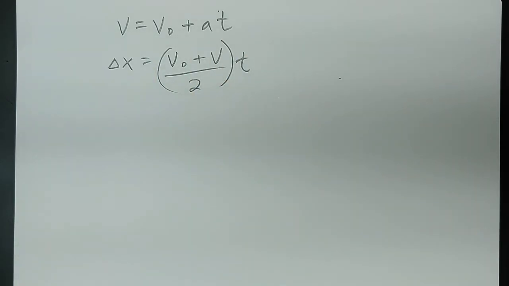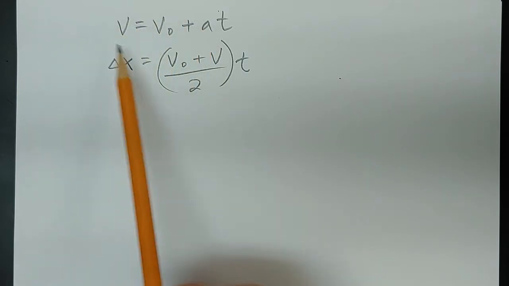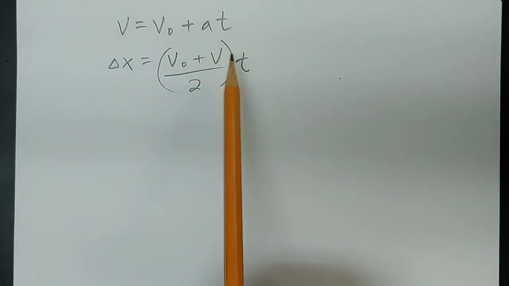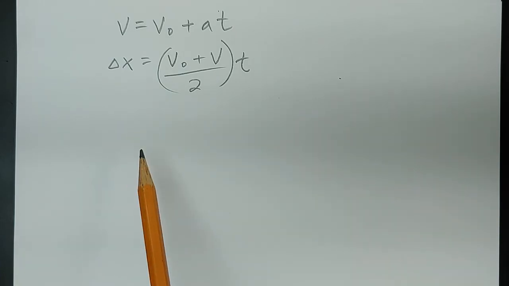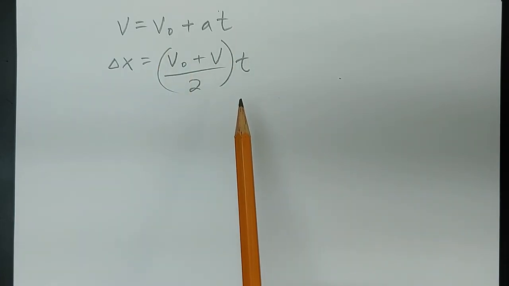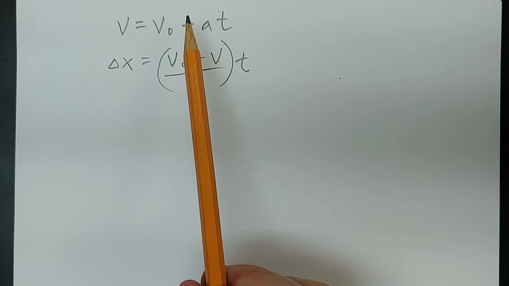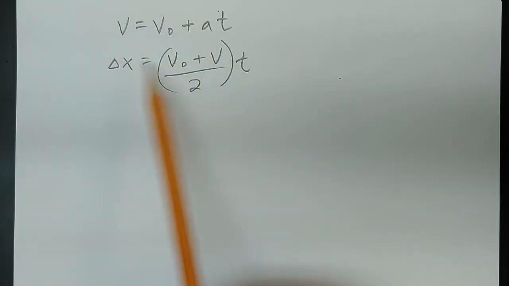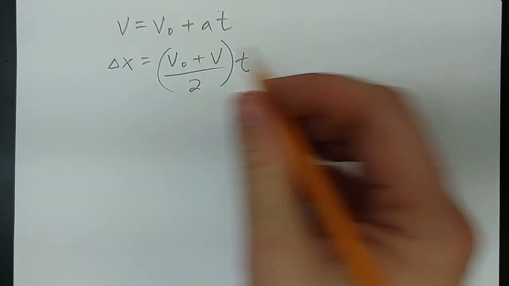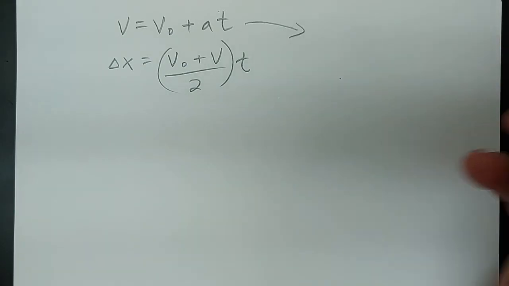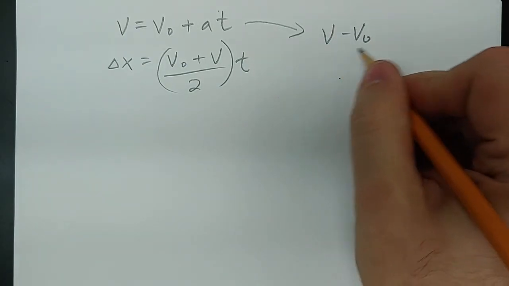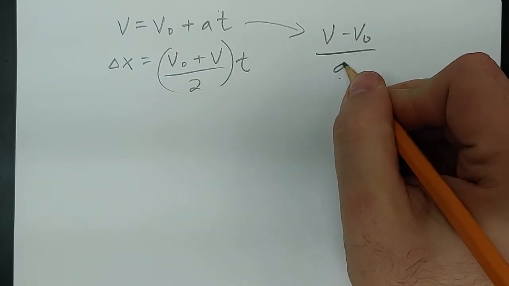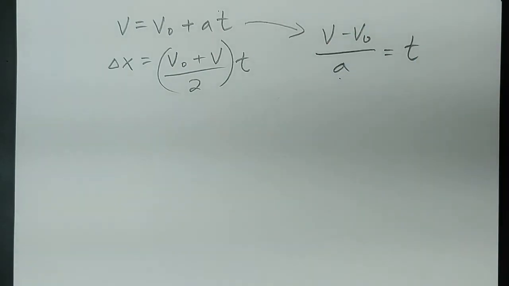So one way to do this, if I want to get rid of time, is I can pick and solve one of my equations for time. And so I'll maybe take the top equation and solve that for time. And so if I rearrange this, I'm going to get final velocity minus initial velocity divided by acceleration is equal to time.